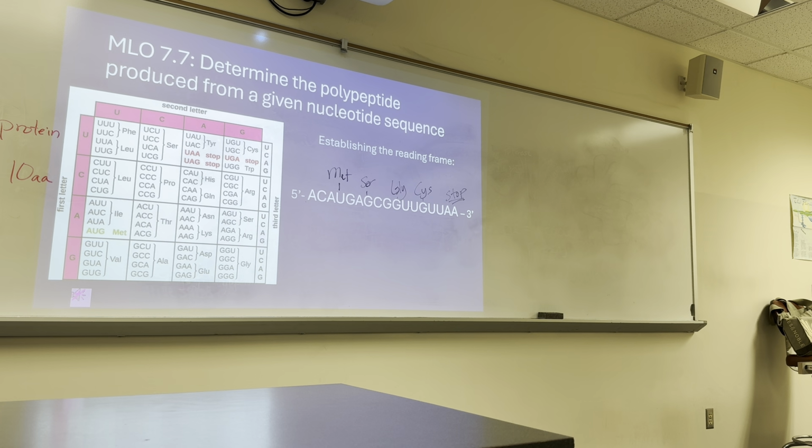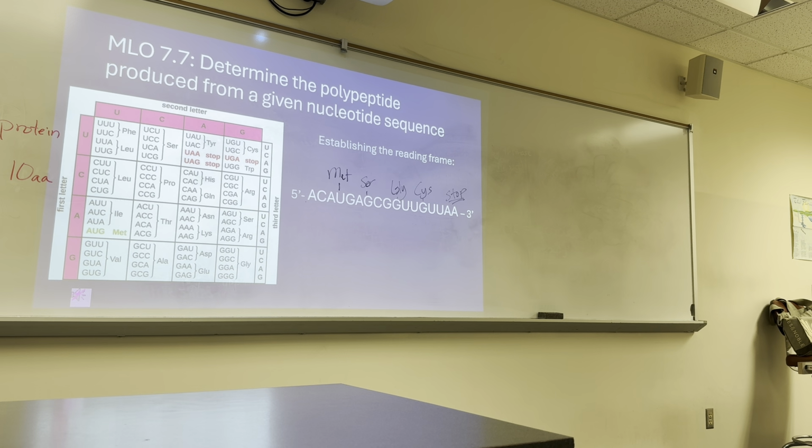How long minimum does that messenger RNA have to be in nucleotides? How many minimum nucleotides must it have? 30, because every amino acid consists of 3 nucleotides. That's the minimum. Reality is this messenger RNA transcript might be more along the lines of 100.